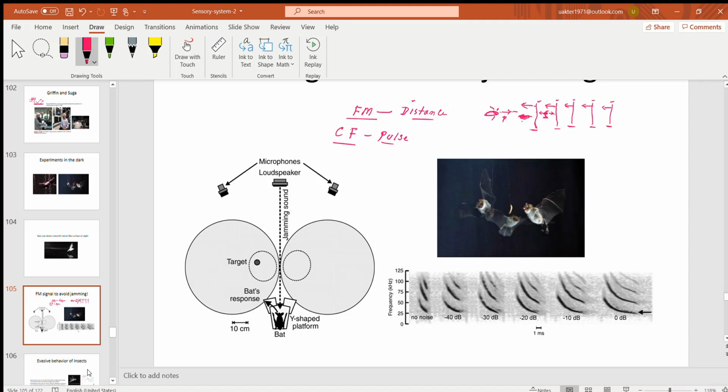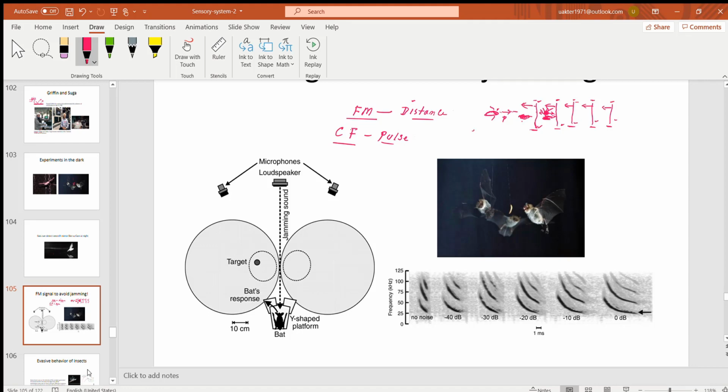So although the bat is detecting that it is getting closer to all these objects, once these become background, they become like static, and this one is moving in that background. So this is the only object it can detect as different from the others. The others are changing in fixed ways, but the flying object is giving a different signal. So that's how the bats can hunt prey in vegetation.